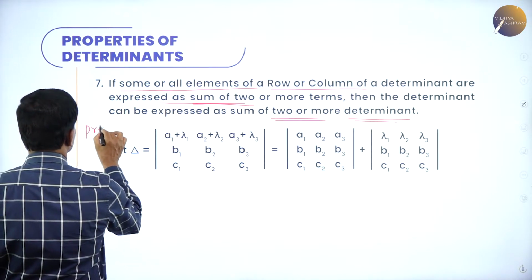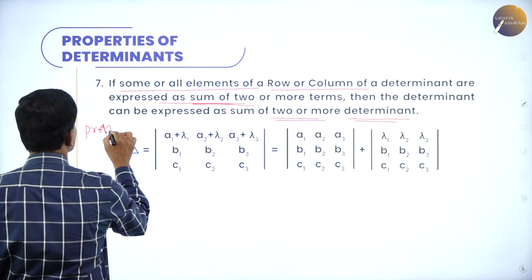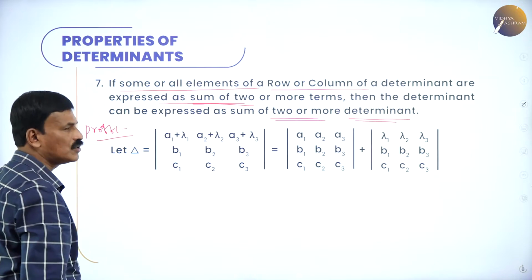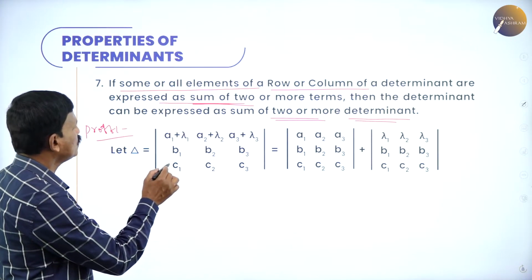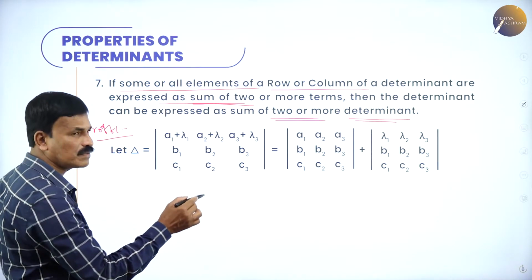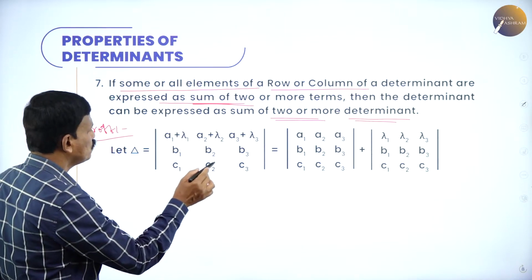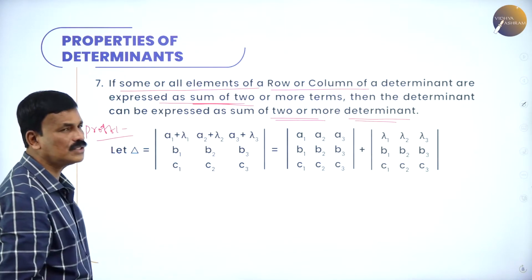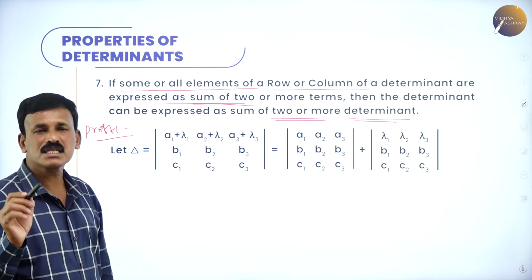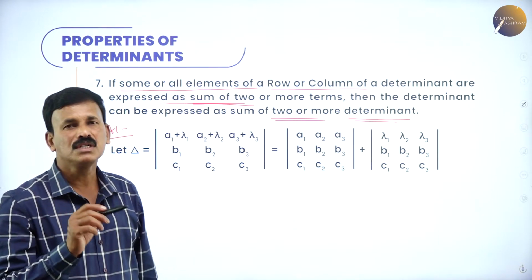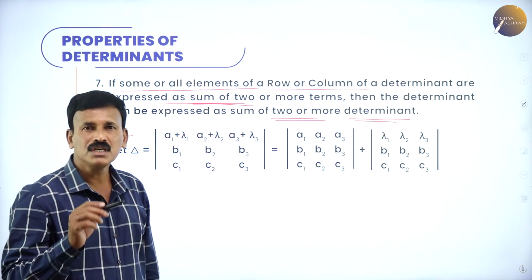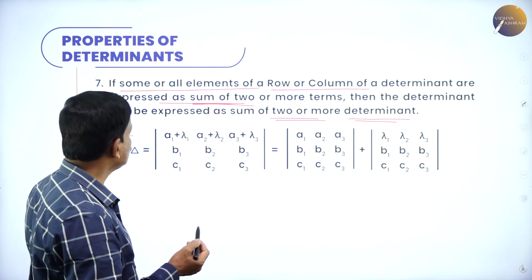Let us consider delta is equal to the determinant with rows a1 plus lambda 1, a2 plus lambda 2, a3 plus lambda 3; b1, b2, b3; c1, c2, c3. So here the first row contains the sum of two elements. In the first row we have a1 plus lambda 1, a2 plus lambda 2, a3 plus lambda 3.